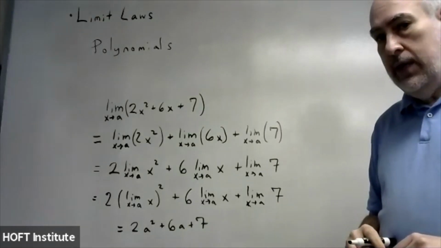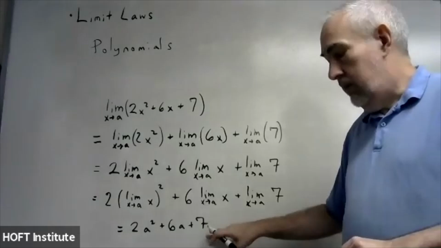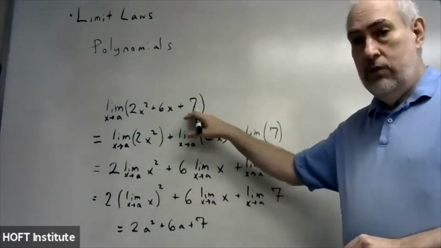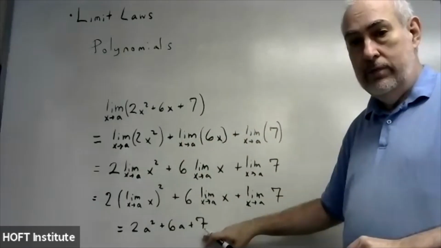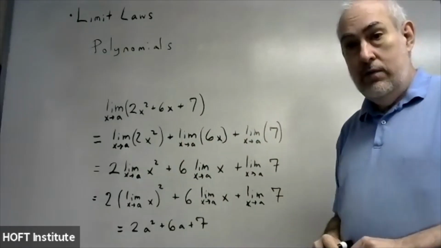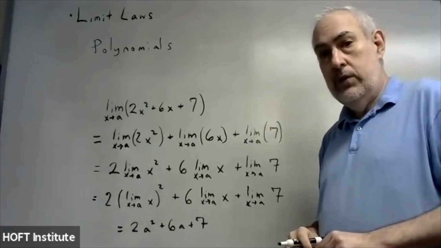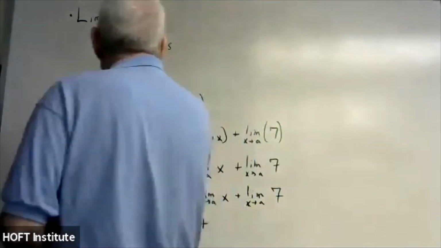Now, one thing you may notice is that this is just the same thing as this polynomial, and you've replaced all the x's with a's. And in fact, that is the rule for polynomials. So let's state the rule this way.